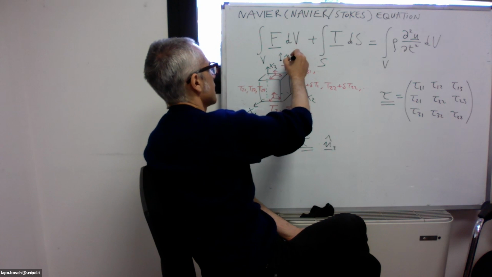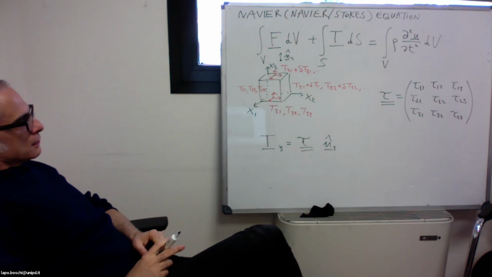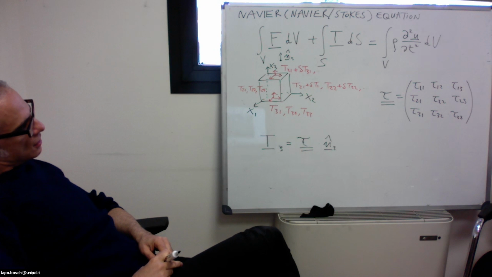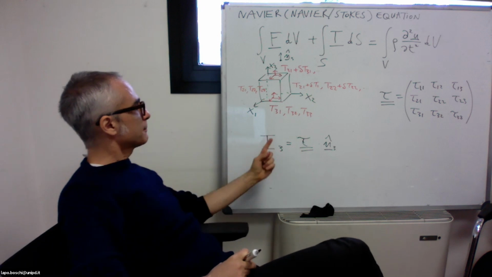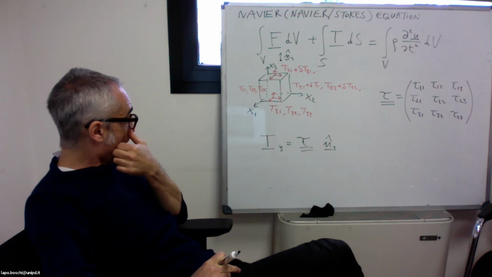That is a unit vector, so it's got magnitude 1 and points in the direction of the axis x3.